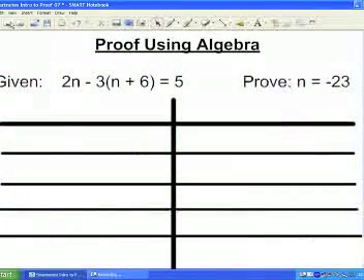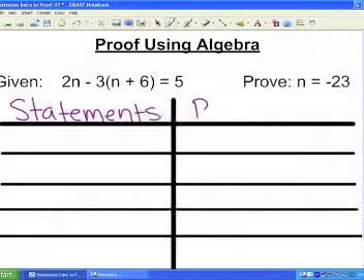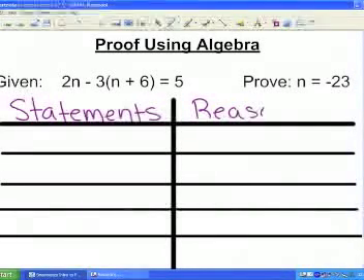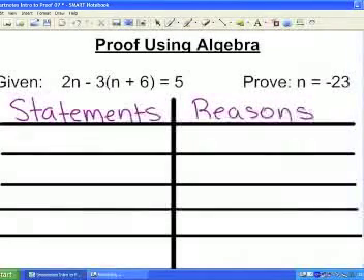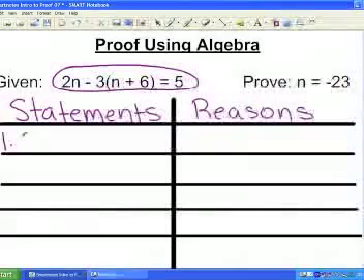In our next example, again, we're going to start out writing our headings. Statements, and reasons. Step 1 always comes from our given information.